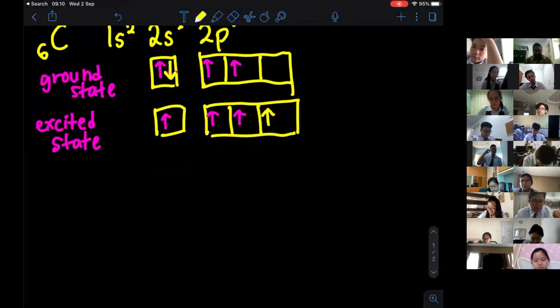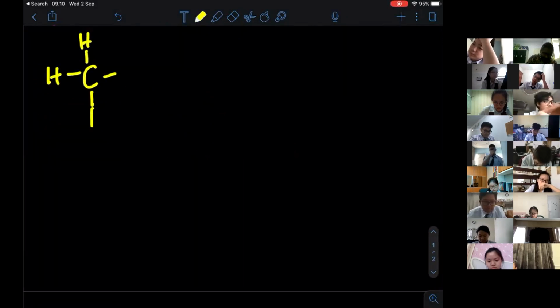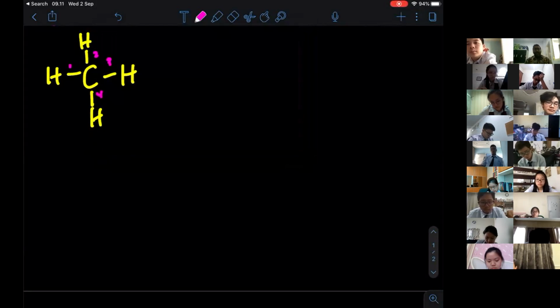So we will look at some examples. One example I am going to select is CH4. Looking at the carbon itself, it is bonded to a total of 4 hydrogen atoms, so 4 bonds are involved.